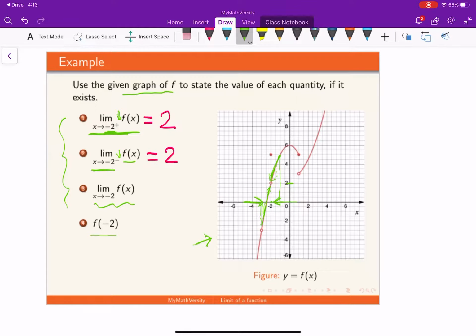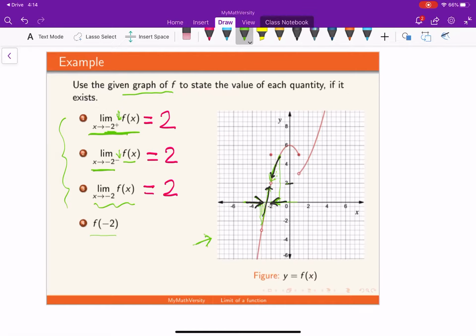If the y value behaves the same way, as in this case, getting closer and closer to the hole at y equal to 2 from either side, then the limit of this function at -2 is exactly equal to 2. Or you can say, since the right side limit at -2 is 2 and the left side limit at -2 is 2, they are the same, so the limit of the function at -2 is 2.